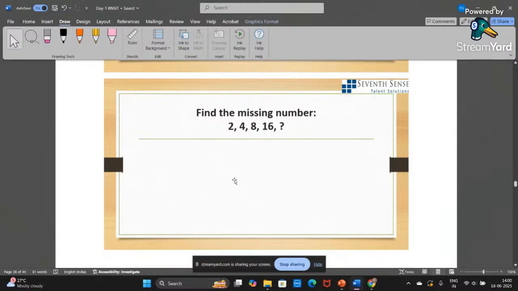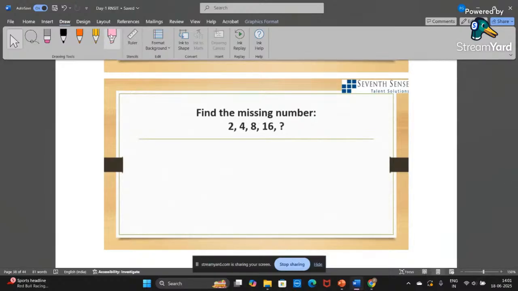Find the missing number: 2, 4, 8, 16. We need to find the next number.